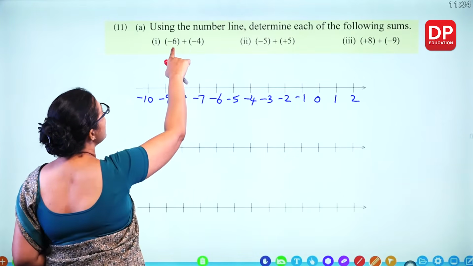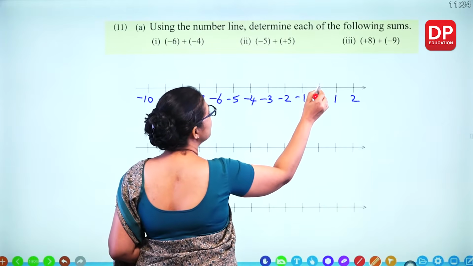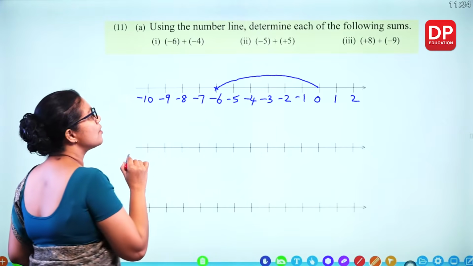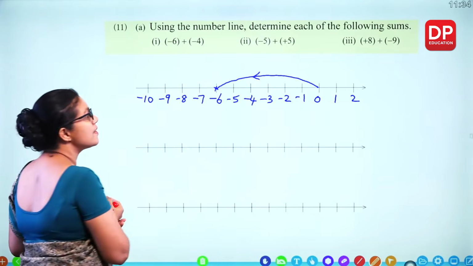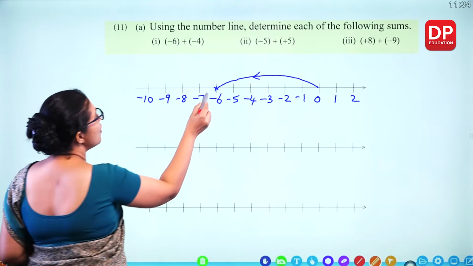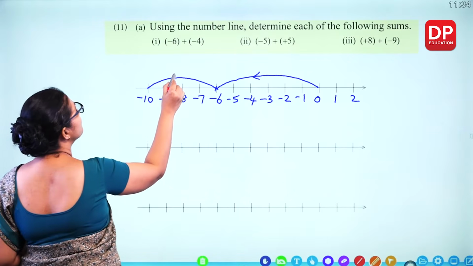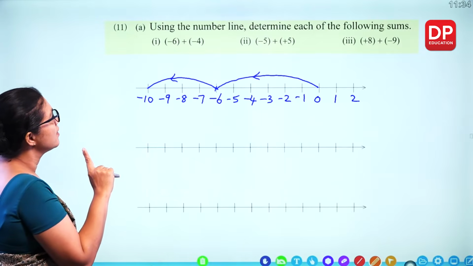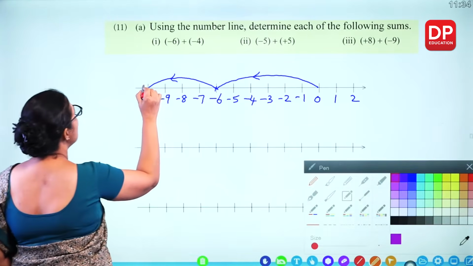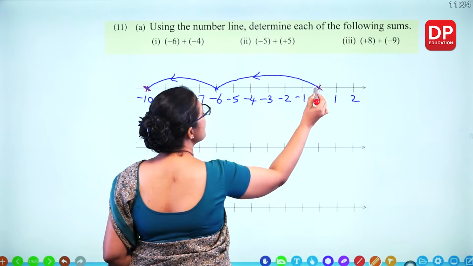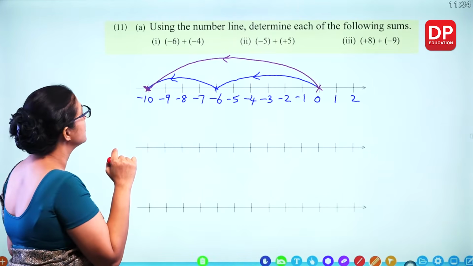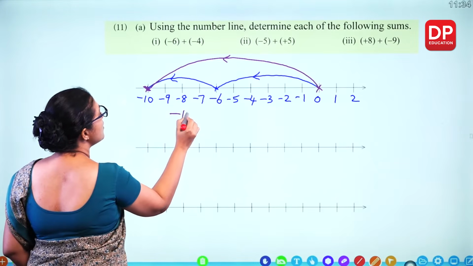Starting from 0, -6 means moving to the left by 6 squares. And adding -4, from here another 4 in the same direction. Now this is the final position, and this is the initial position. So what's the total value? -10. So -6 and -4, you get -10.